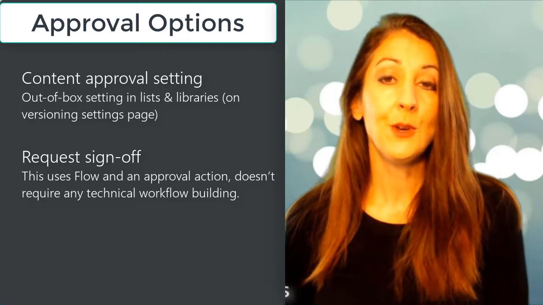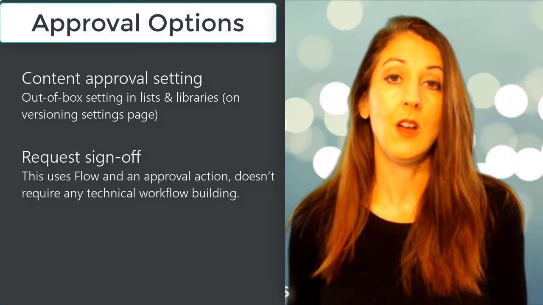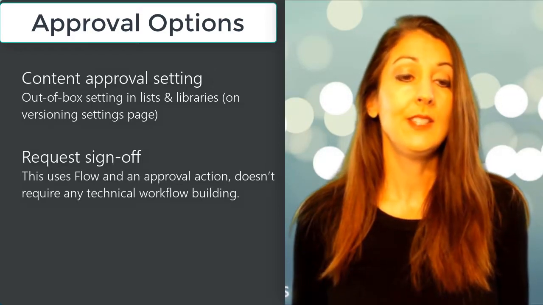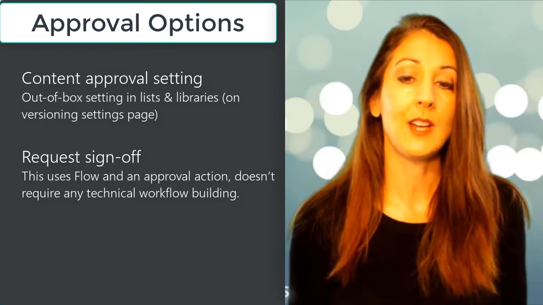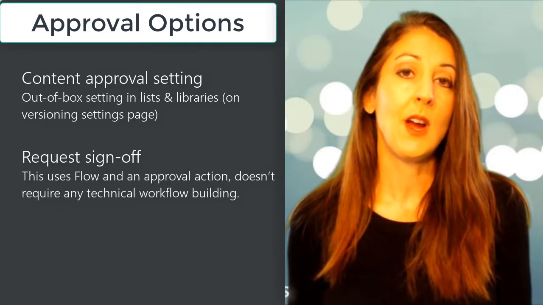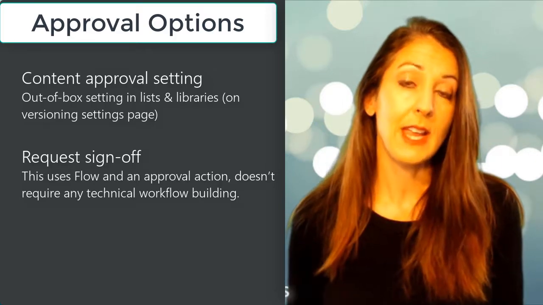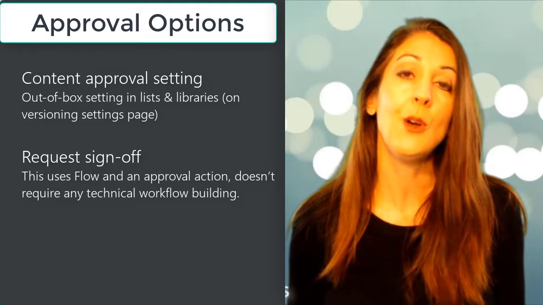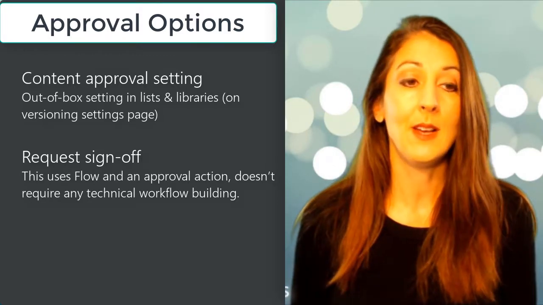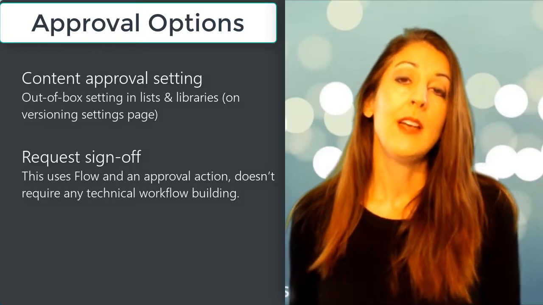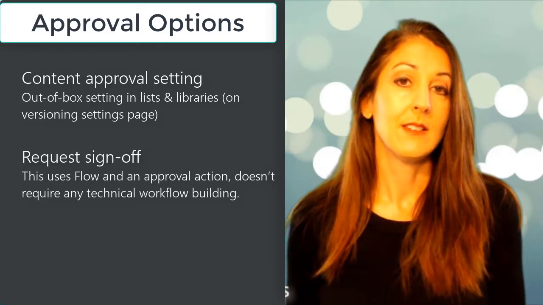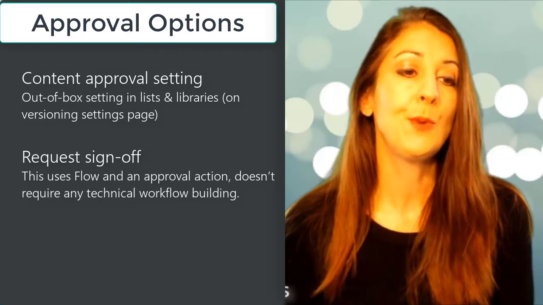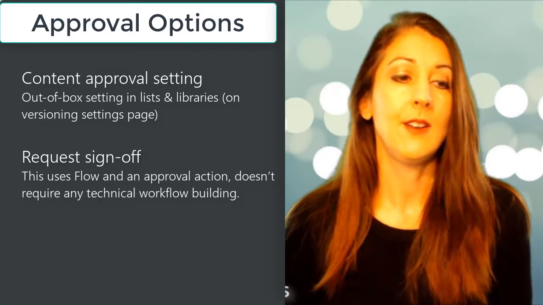There's also a new concept for very simple approvals. It's called request sign-off. And this uses Flow and an approval action, but doesn't actually require you to go to the Flow interface and configure anything or actually create a flow. It is a completely built-in flow that is not customizable. So those are our two very basic out-of-the-box approval options, and we'll dig a little bit more into those before we move on to moving beyond out of the box.